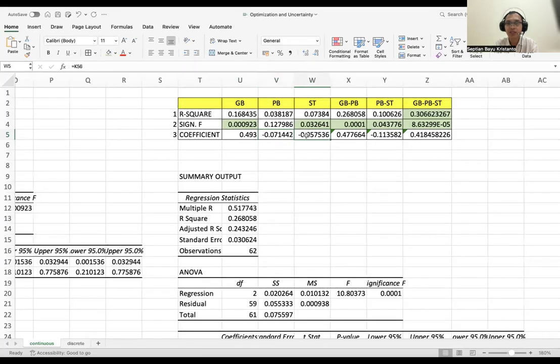It is similar with investing in stock only. If you combine government bonds and private bonds, you also have 47% profit. But if you combine private bonds and stock, you also have a negative. So we need to exclude this information. See?